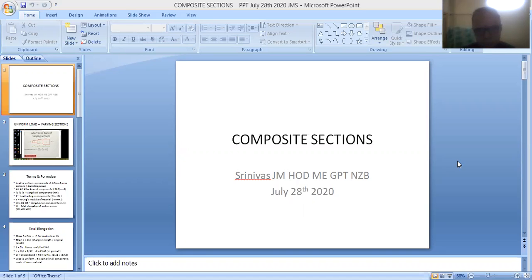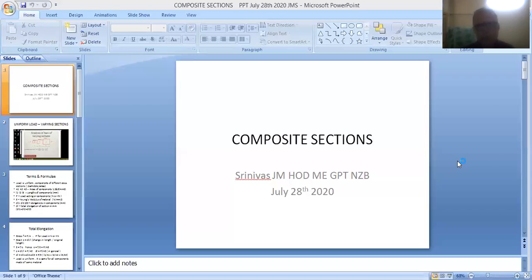We have to solve problems on composite sections, so we have to note down the equations, formulas, and also the values used for solving the problems.